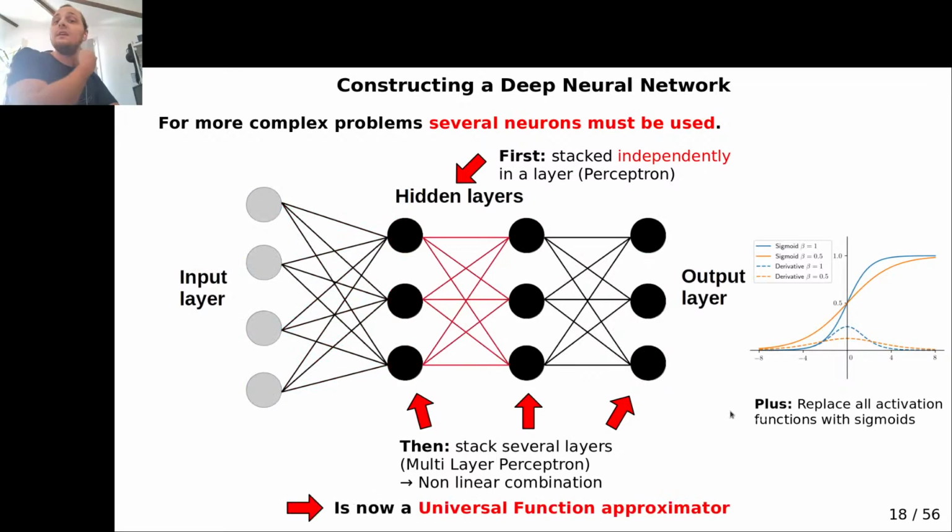And actually, this kind of architecture is what we call a universal function approximator, meaning that you can reproduce any function that you can imagine using such an architecture, assuming that you provide it with enough neurons in the hidden layers.